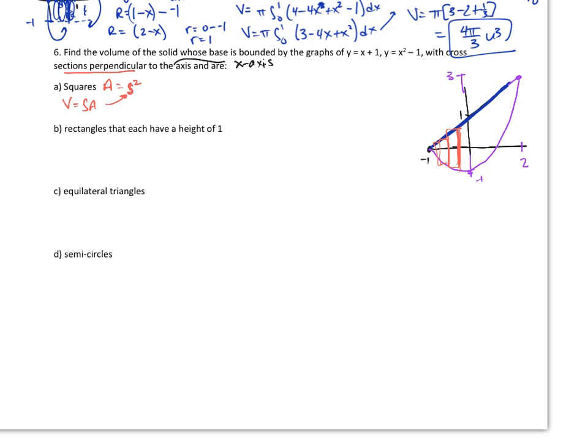Well, what's the length of the side? The side is going to be this top piece minus the bottom piece. So in this case, the top one is x plus 1 minus the x squared minus 1. So our side length right here, and this will be used pretty much for all these problems, is going to be negative x squared plus x plus 2.